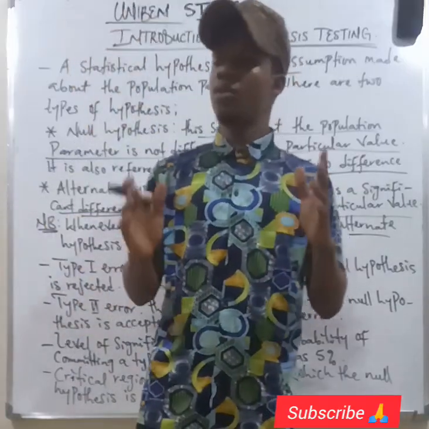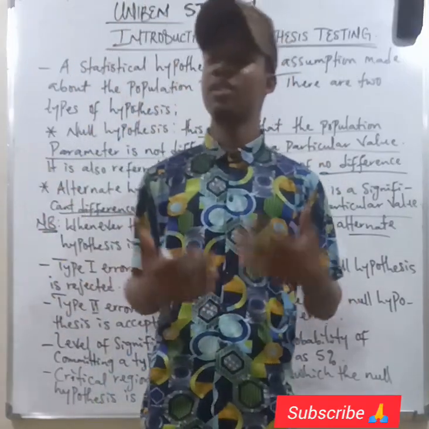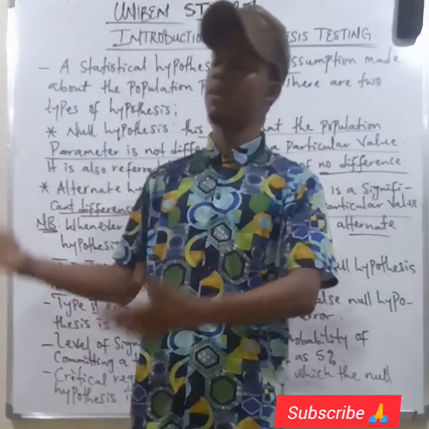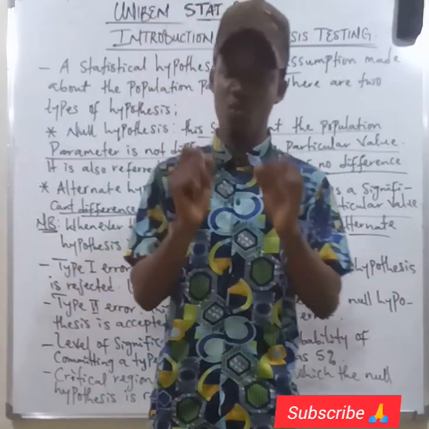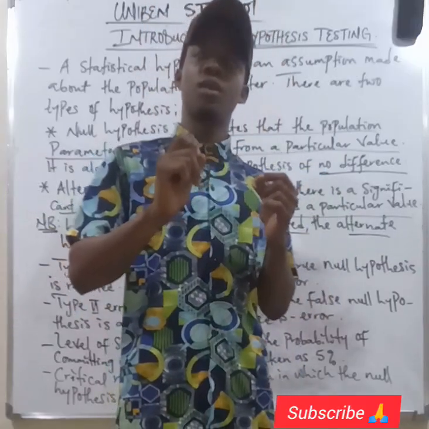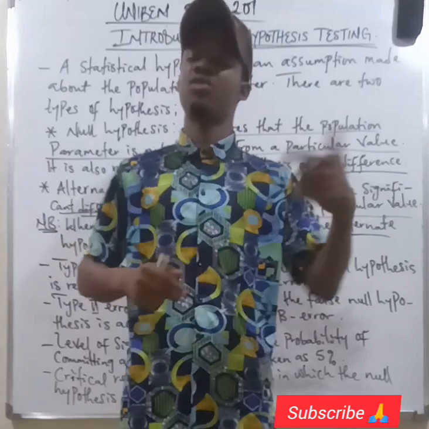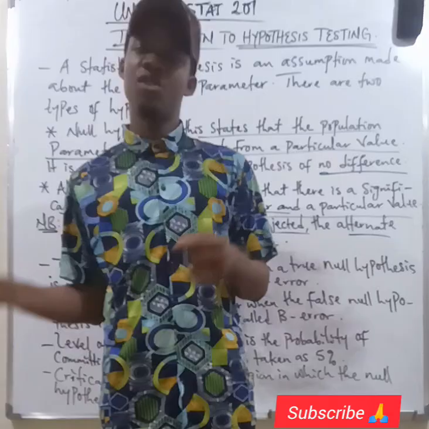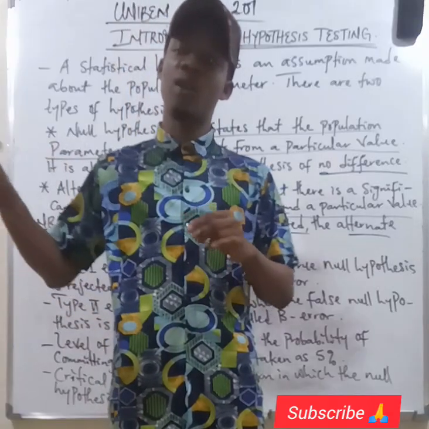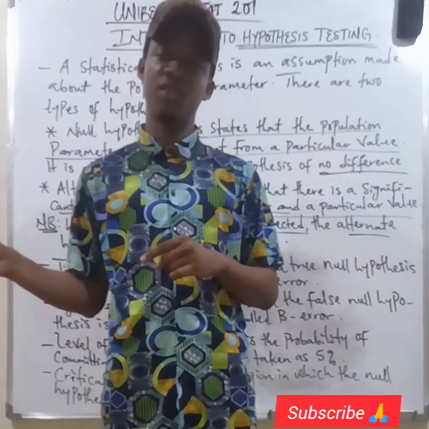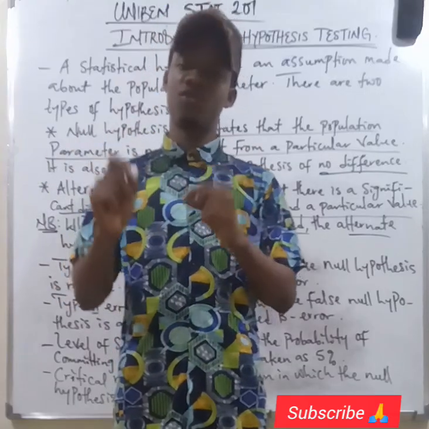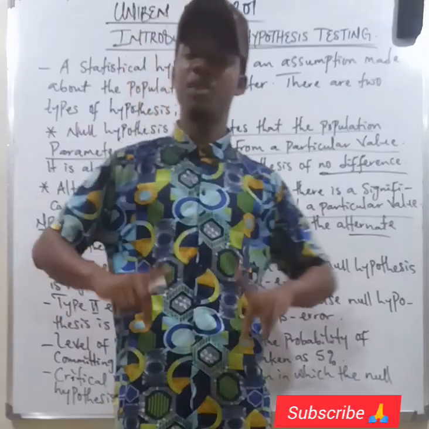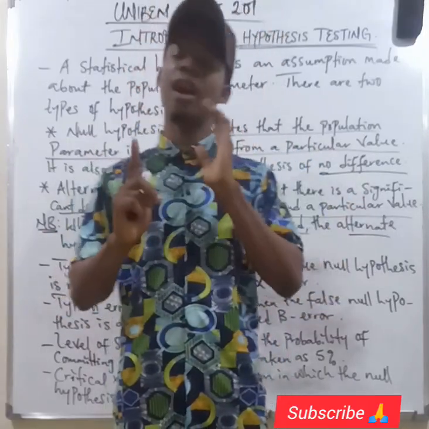Remember, the null hypothesis just tells you that there is no significant difference between the population parameter and a particular value. When a null hypothesis is true and you fail to accept that true null hypothesis, you have committed a type 1 error, also known as an alpha error.